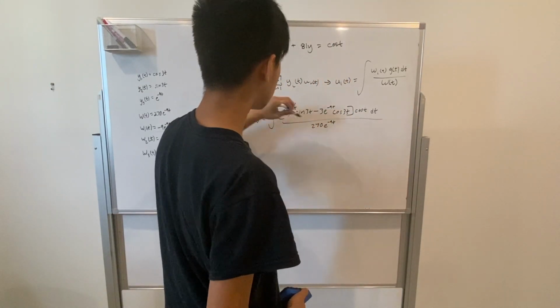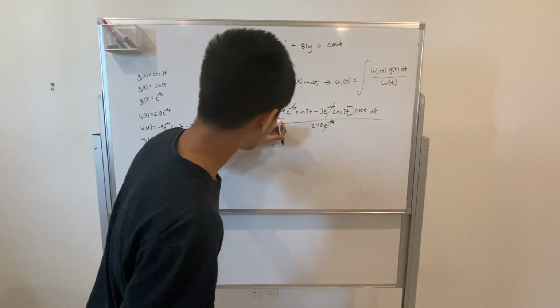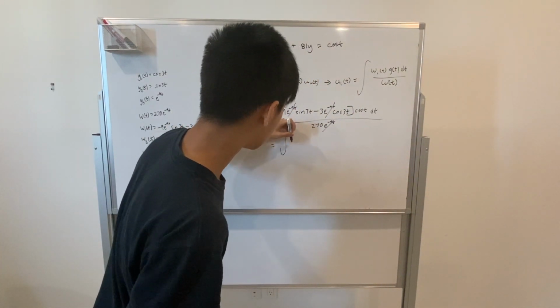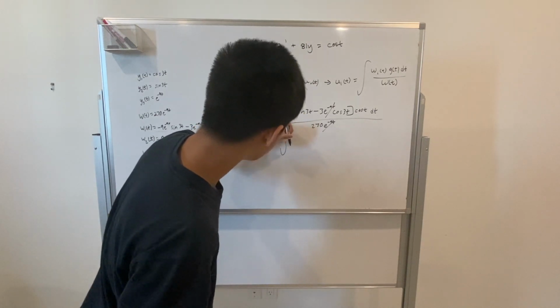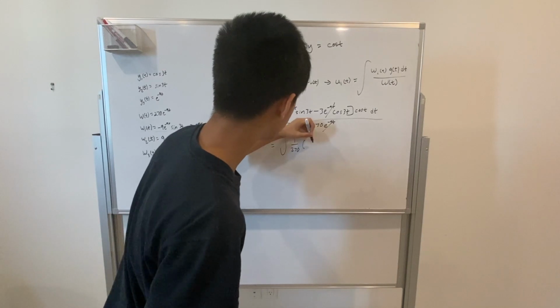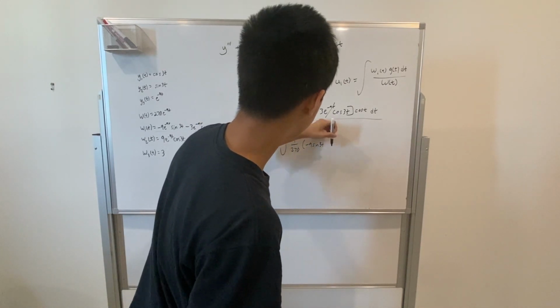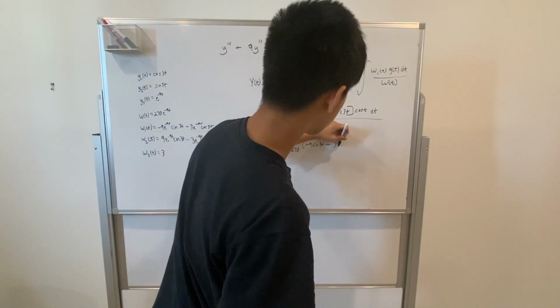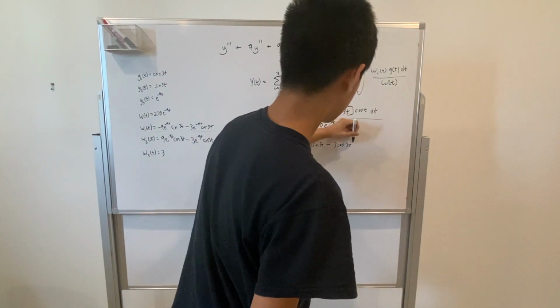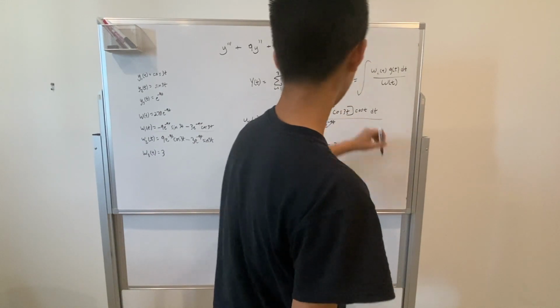So the e to the negative 9t's cancel out. We have the integral of 1 over 270 times negative 9 sine of 3t minus 3 cosine of 3t, times cosine of t, dt.